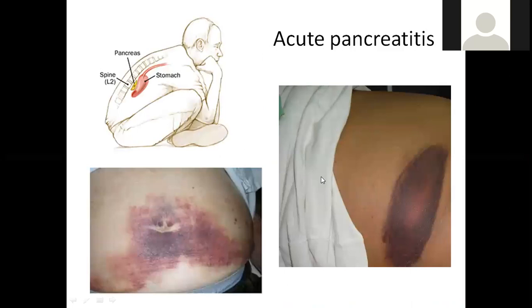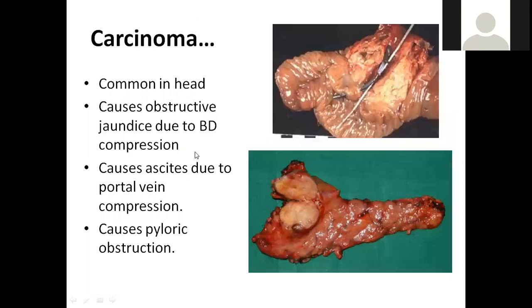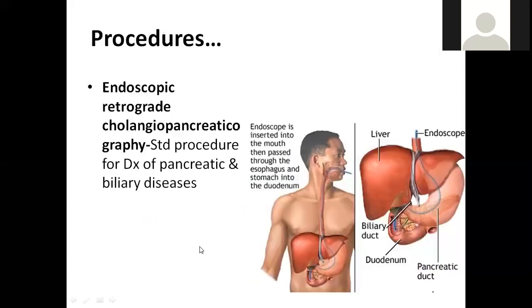In acute pancreatitis, there may be some discoloration in the anterior abdominal wall also. Carcinoma is when the size of the gland is increasing. The patient may present with obstructive jaundice because of compression of the common bile duct. Ascites may be there due to compression of the portal vein. There may be pyloric obstruction also.